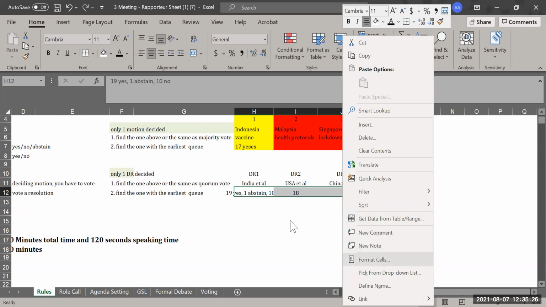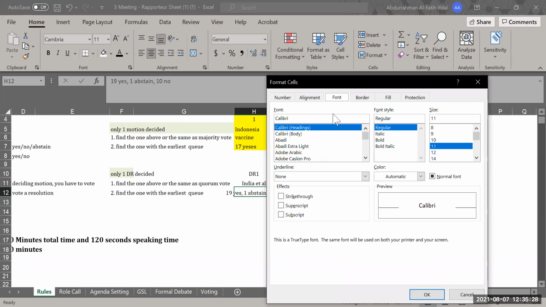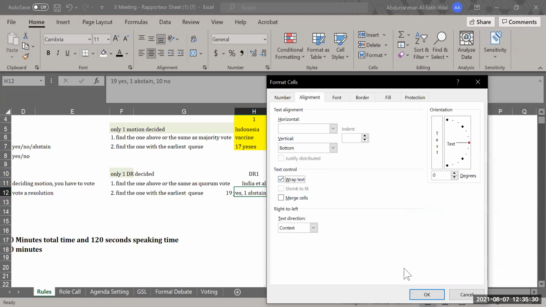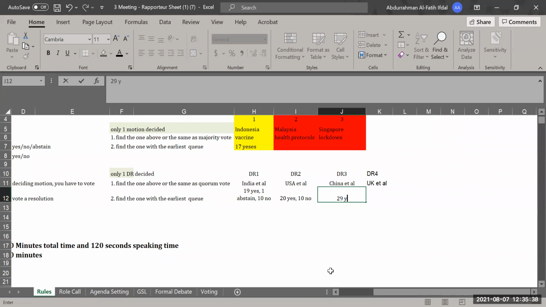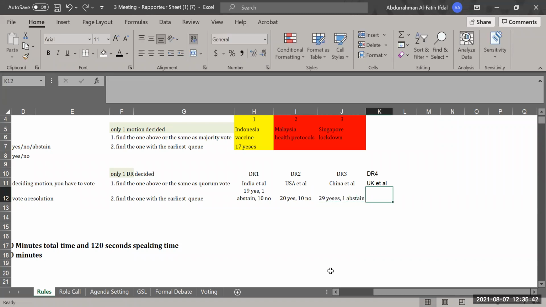Now, India gets 19 yes with 1 abstain. USA gets 20 yes and 10 no. China gets 29 yeses with 1 abstain, while UK gets 29 yeses, 1 no.